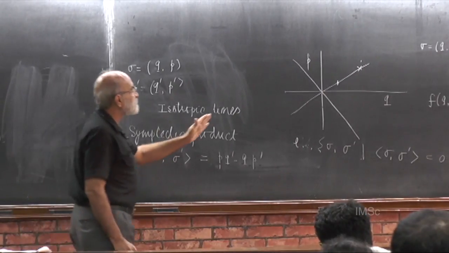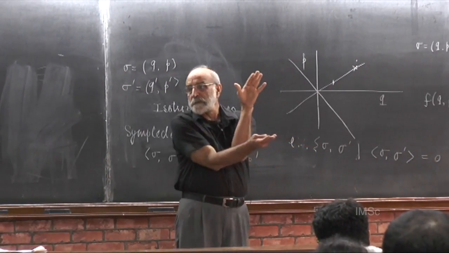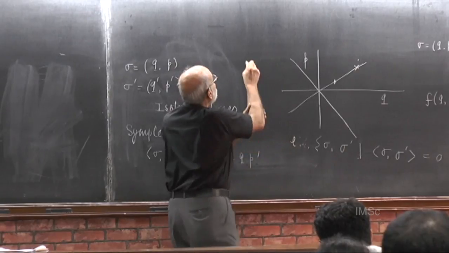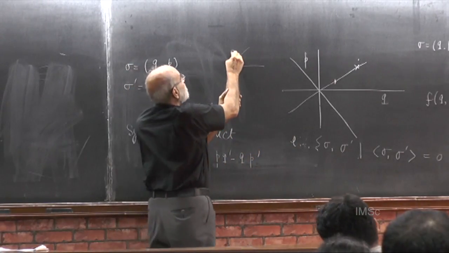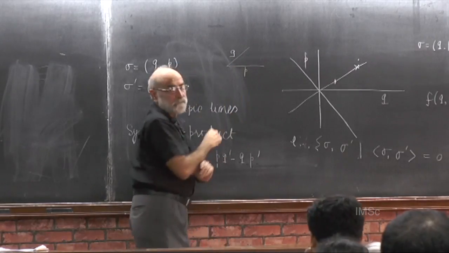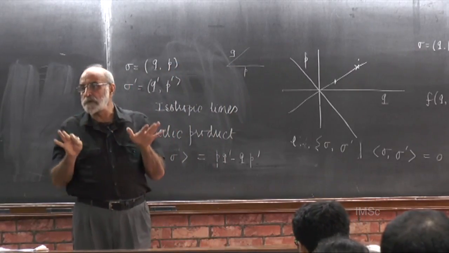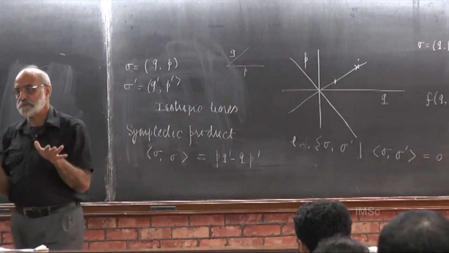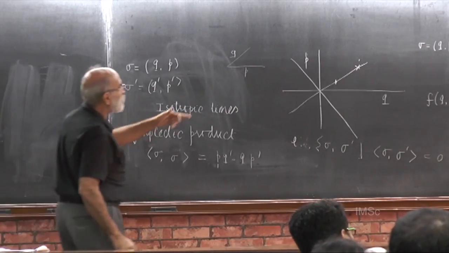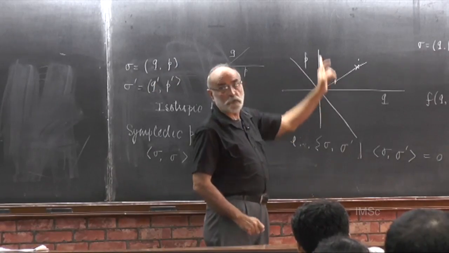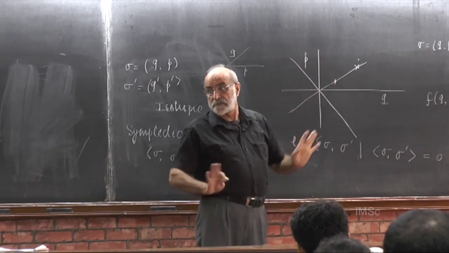Now again, there is no notion of these things being perpendicular. If you wanted, you could have drawn lines like this with Q here and P here. But this is just a picture, a visualization of the phase space. There is no meaning to this coordinate being orthogonal to the momentum, nothing of that kind.